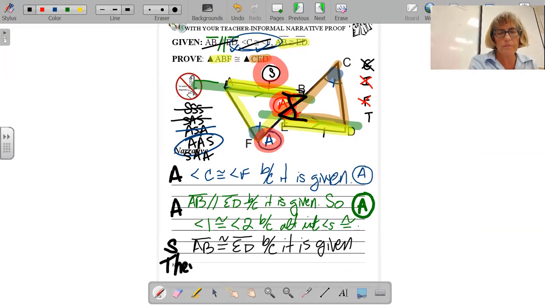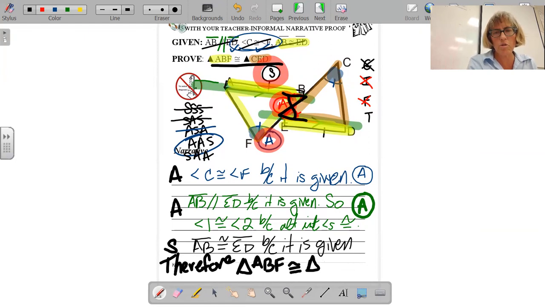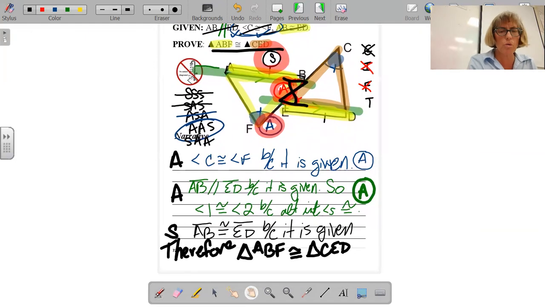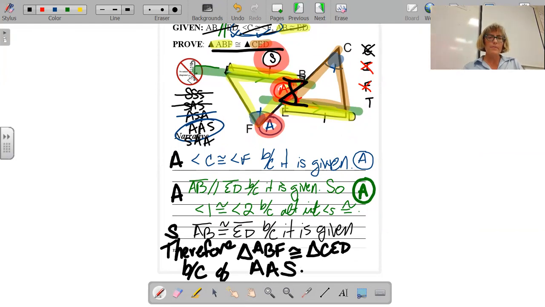Therefore, right here, triangle ABF is congruent to triangle CED. Why is that true? Because of angle, angle, side, shortcut. That, my friends, is a narrative proof.